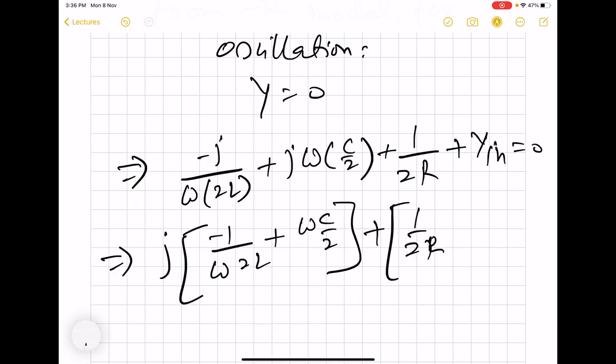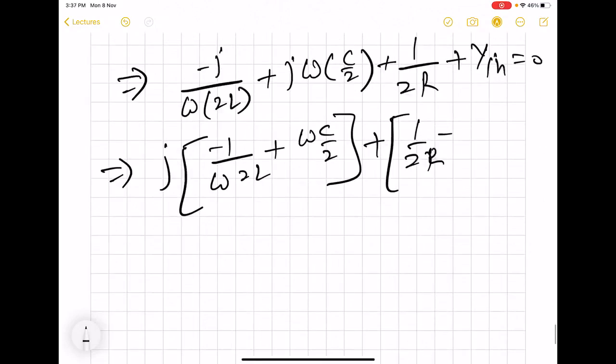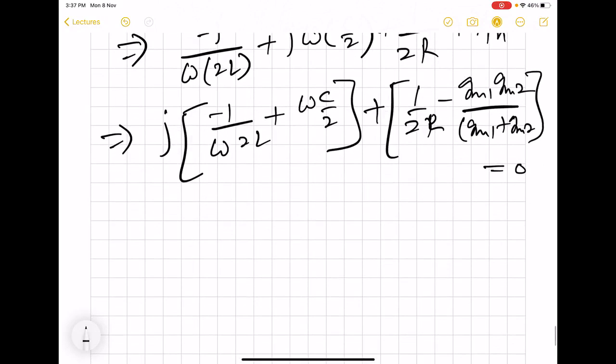In fact, it is negative minus GM1 GM2 by GM1 plus GM2. So this should be equal to 0. That means the real and imaginary part should be equal to 0.